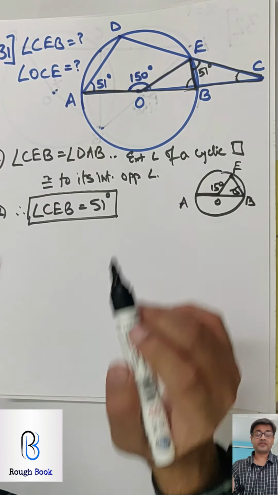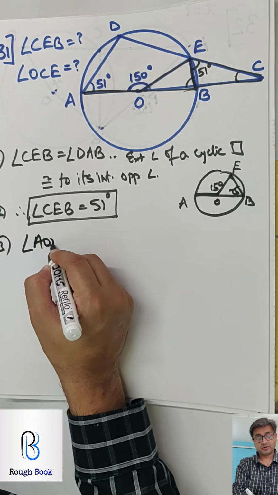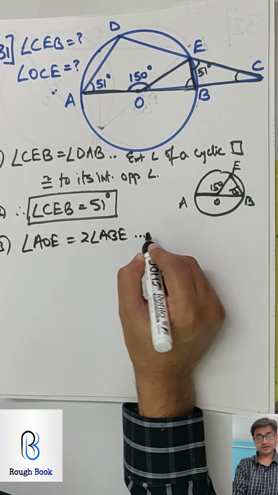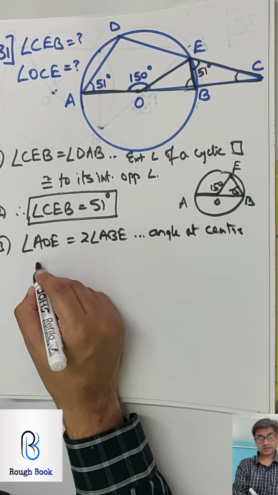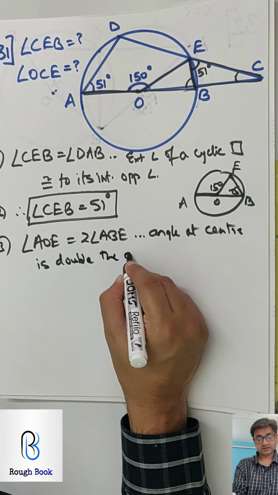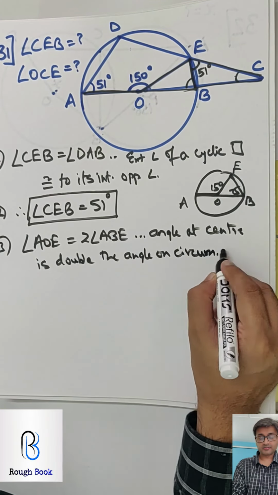Once you get this 75, it's easy to identify this one. So let's write it. I'll say angle AOE is double of angle ABE. Reason will be angle at center is double the angle on circumference subtended by same arc.